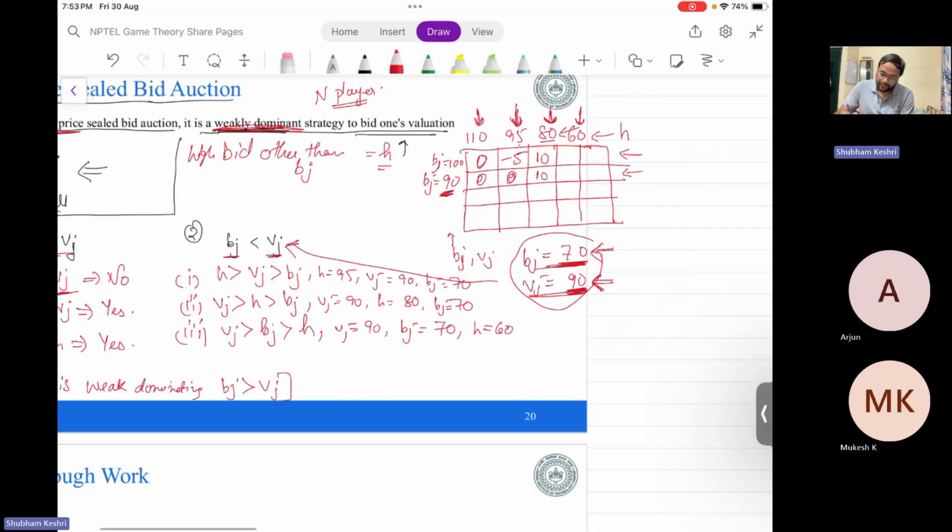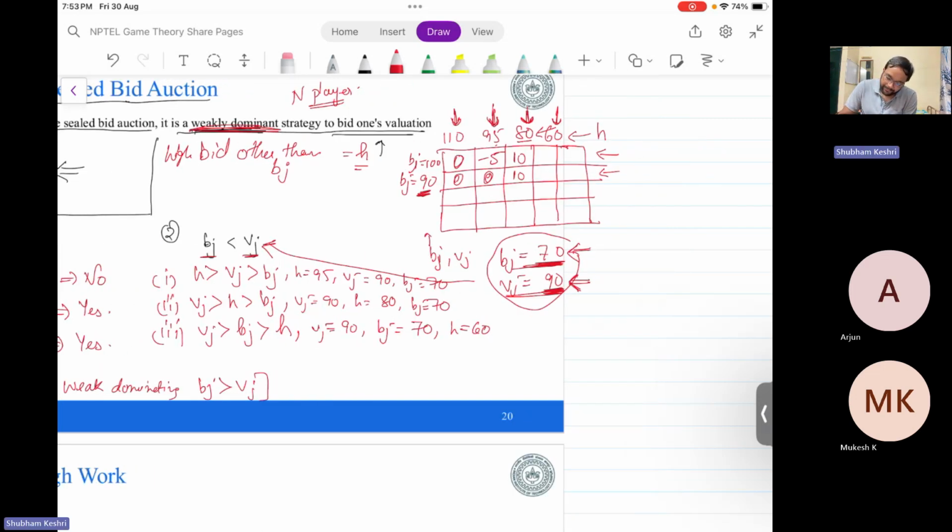Okay, so we have three values: 95, 90, 70; 90, 80, 70; and 90, 80, 60. So we'll worry about this value of h, this value of h, and this value of h. All right, and we have these two values of bj and vj. Is this all right? Yeah.